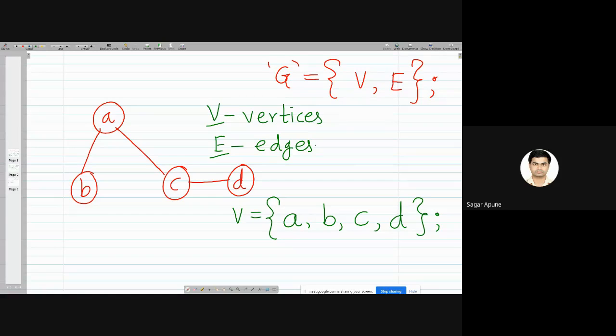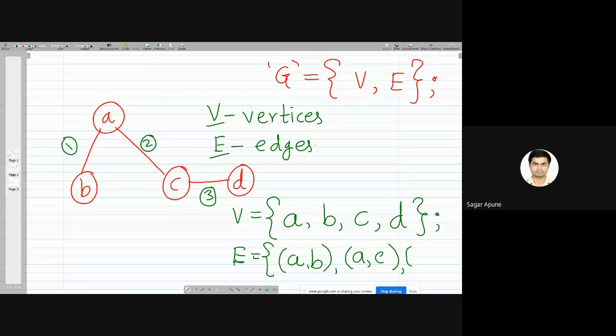And my graph contains a second element, that is edges. So E is a set of edges. The first edge is A to B, so I write A comma B inside round brackets. The next edge is A to C, so here A comma C. Then C to D is my third edge.